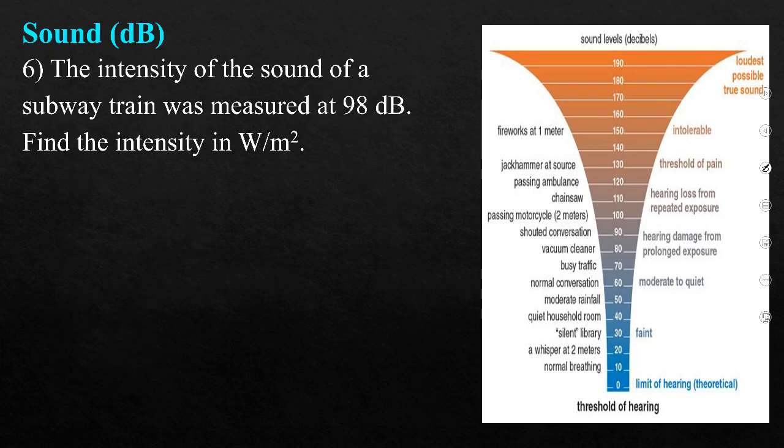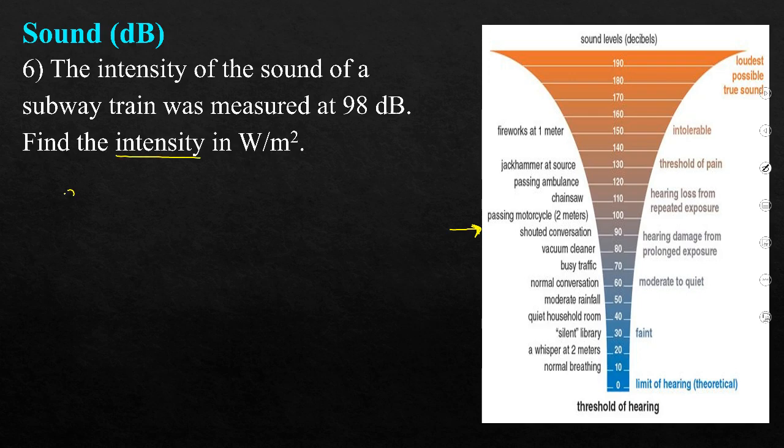And our last example for the day, the intensity of the sound of a subway train was measured at 98 decibels. So looking at our chart, shouting conversation, but closer to the motorcycle. So it's measured at 98 decibels. Find its intensity.